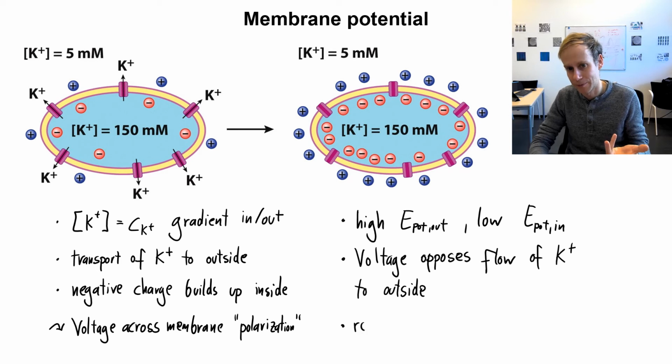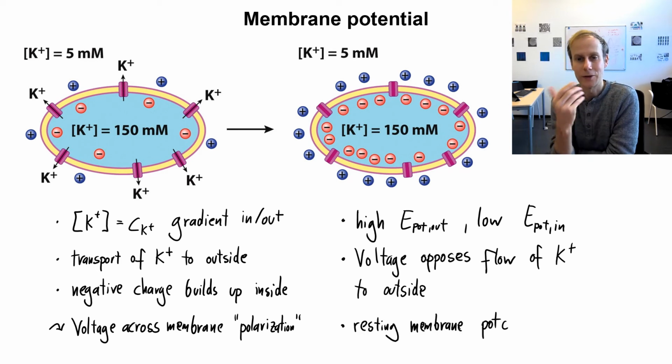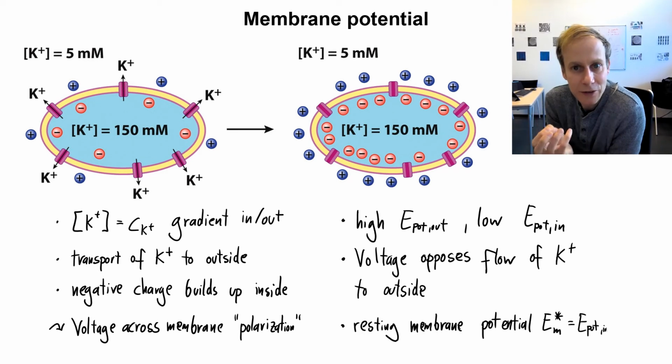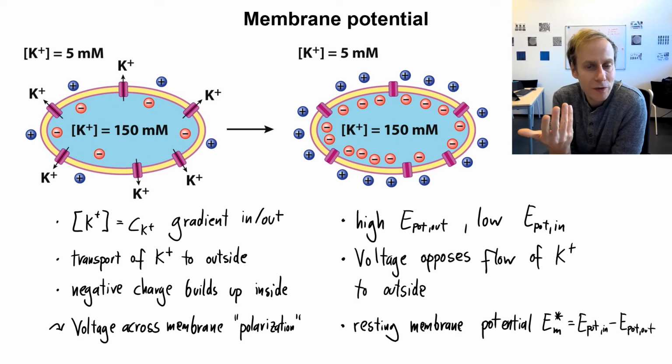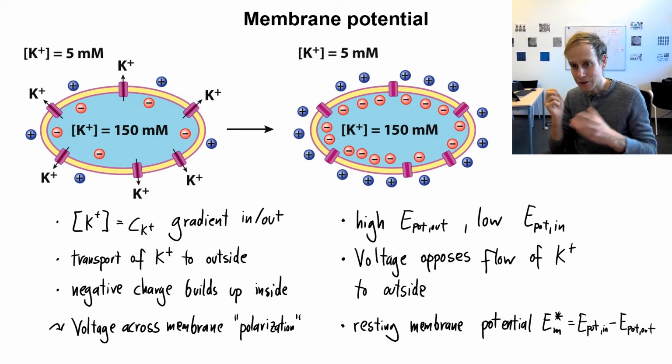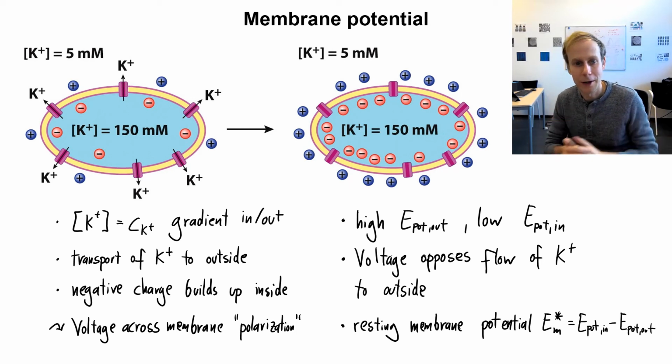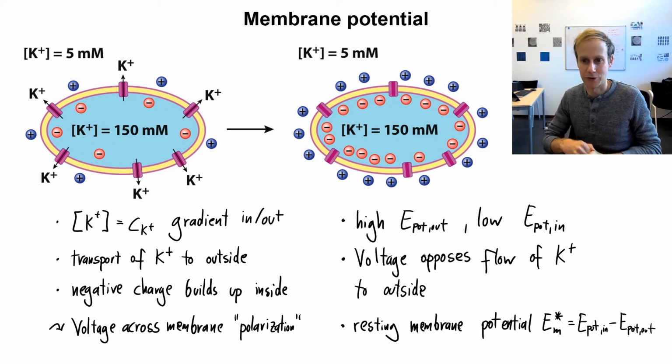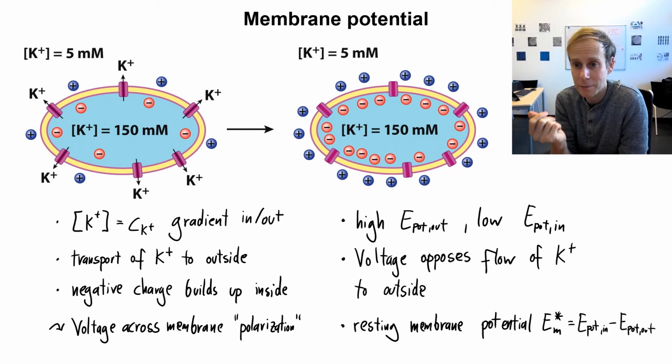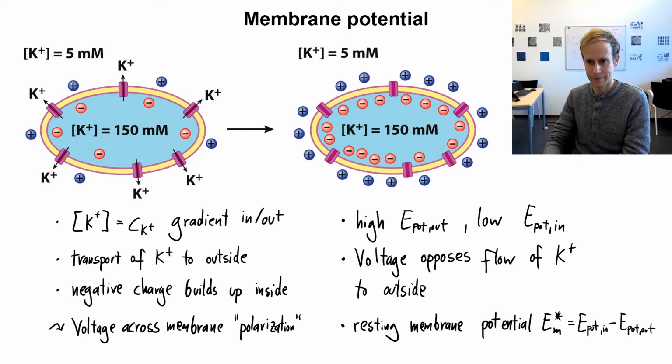That costs energy. So that results in a so-called steady state where there's actually no more flux of potassium from the inside to the outside. And that steady state is accompanied with a so-called membrane resting potential, which is the difference between the potential on the inside minus the outside.